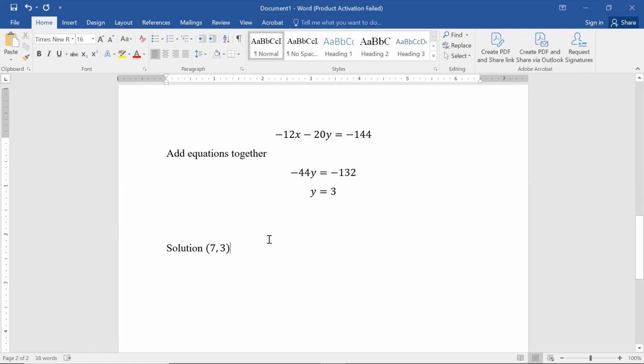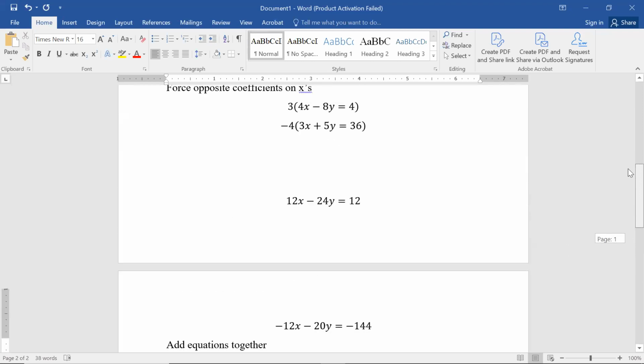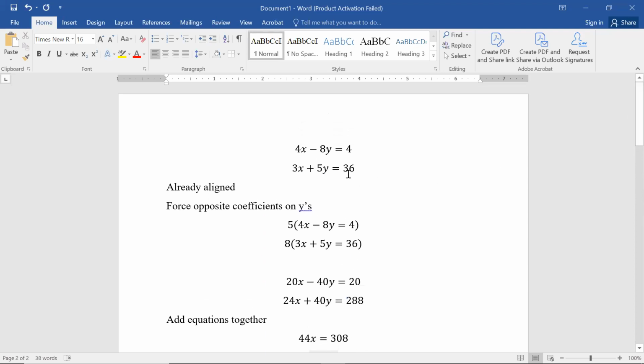So you can do elimination on either variable or do elimination on both variables if you want. And as always, you can check if 7, 3 is the solution by plugging it in to both equations and seeing that both equations give you a true statement.